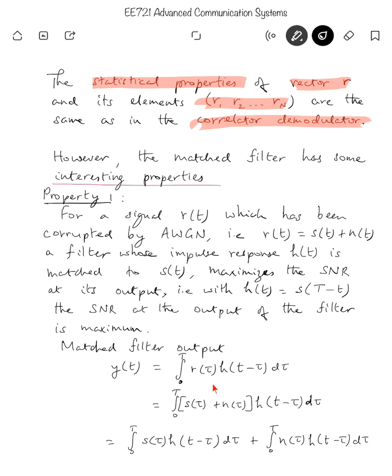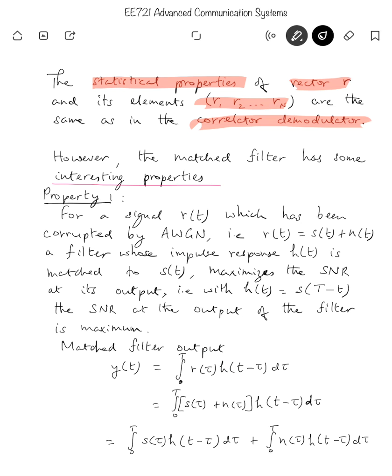Okay, so let us quickly break down our receiver or the matched filter output into the signal component and the noise component. So the output of the matched filter is the convolution between its input and its impulse response. The input to the matched filter is nothing but the received signal, which is r of t, and the impulse response of the matched filter is h of t.